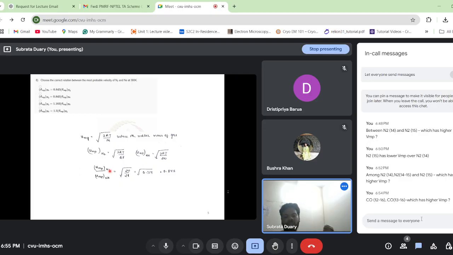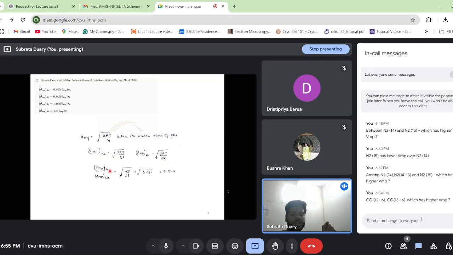As I mentioned, this M is for a homomolecular system. Now if you go for a heteromolecular system like CO, where two different atoms are there, the concept of reduced mass will come. Reduced mass is m1 into m2 by m1 plus m2, so ab by a plus b.